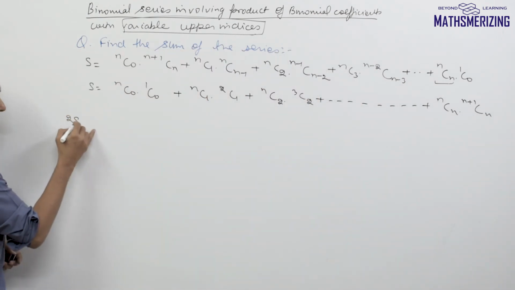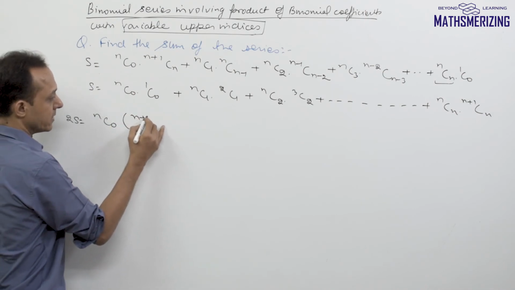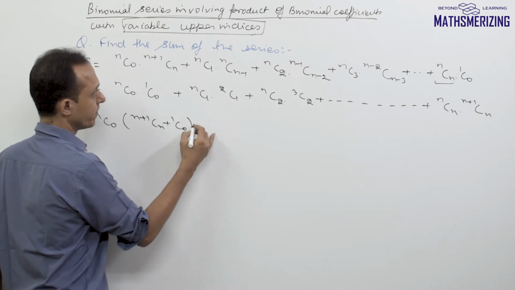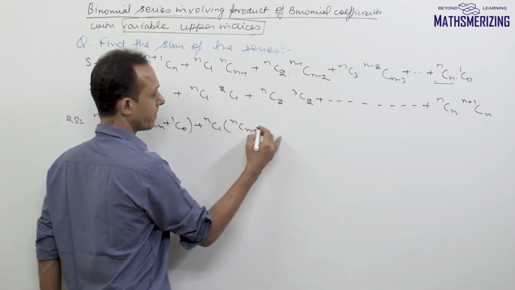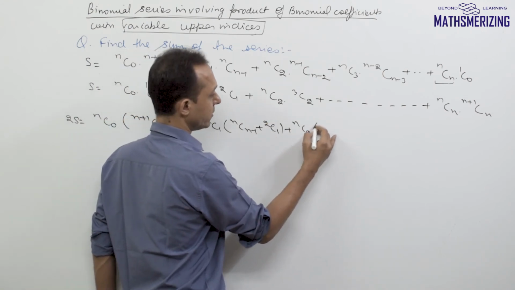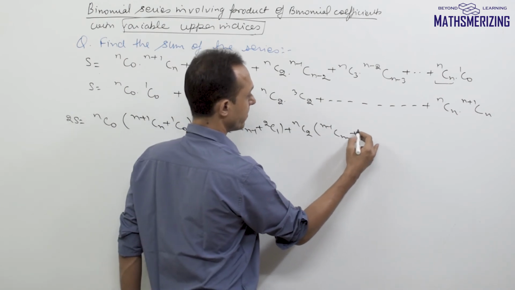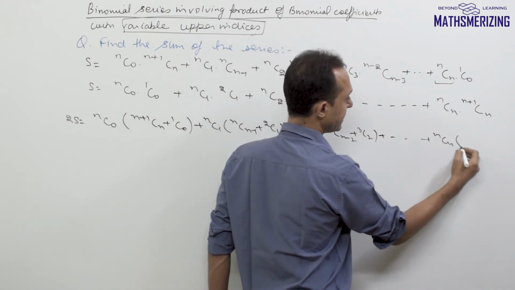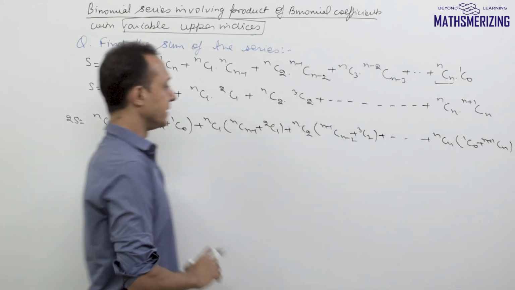So if I add them, I'll get 2S, and it will be nC0 times n plus 1 Cn plus 1C0, nC1 times n minus 1 ... plus 2C1, nC2, n minus 1 C(n minus 2) plus 3C2 and plus nCn, so there will be 1C0 plus n plus 1 Cn.